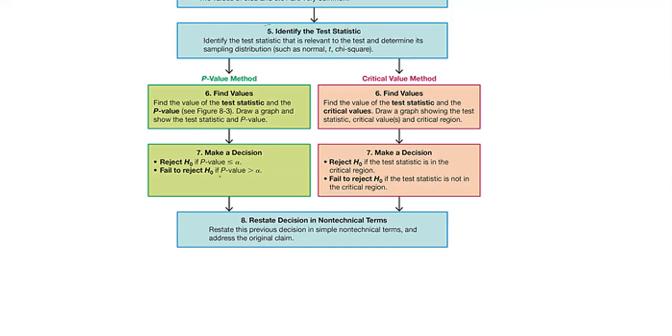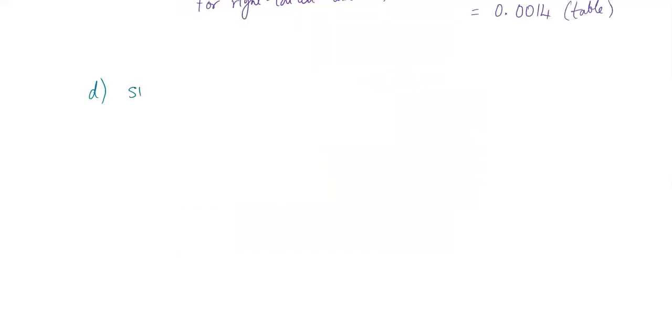Fail to reject H naught if p-value is greater than alpha. So even though we're asked to answer step 8, we need to do step 7. Let me go over there and do step 7. So step 7 says, reject H naught if p-value is less than or equal to alpha. And then fail to reject.